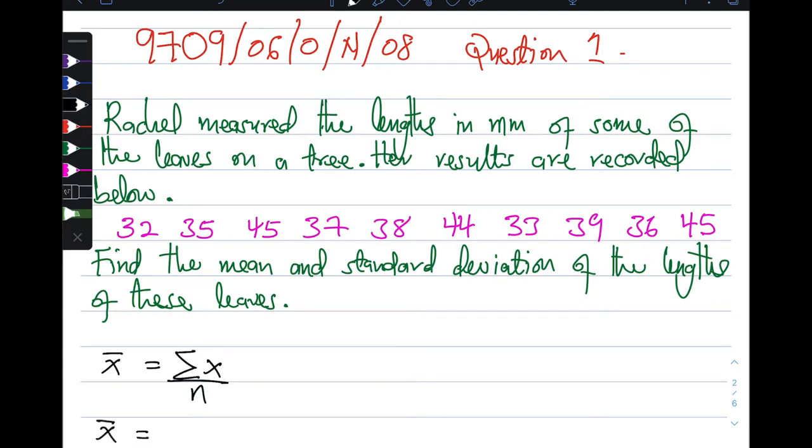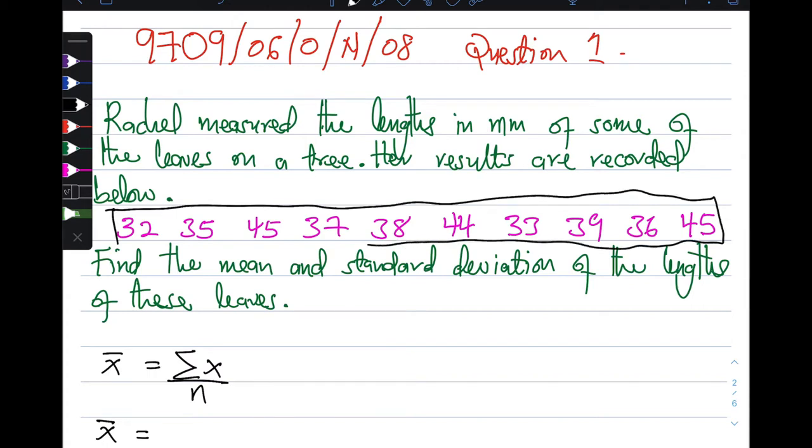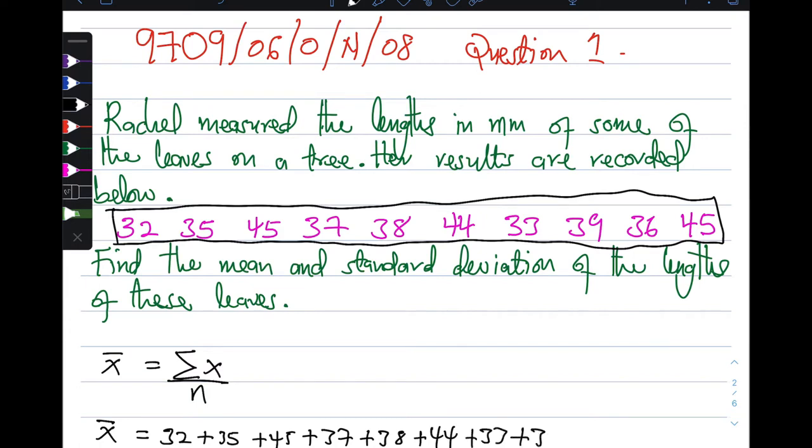Now, these observations given are the x values, okay? The x is the observation. So we are going to add these up. So we have 32 plus 35 plus 45 plus 37 plus 38 plus 44 plus 33 plus 39 plus 36 plus 45.